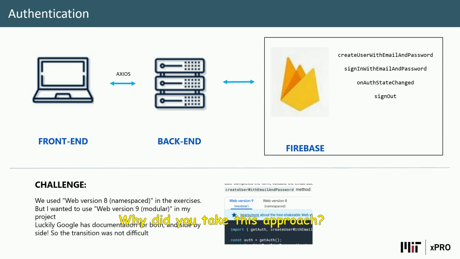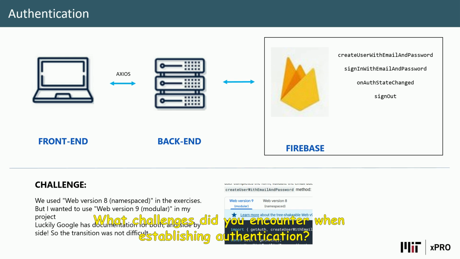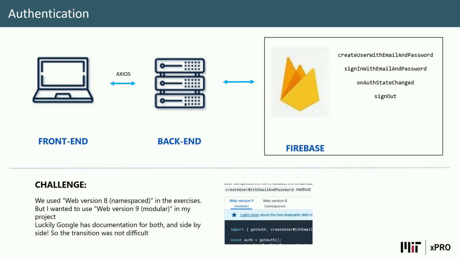Why did I take this approach? Because it's the process I'm most comfortable with. And what challenges did I encounter when establishing authentication? We already had an exercise, but we used web version 8 and my project is in module mode.